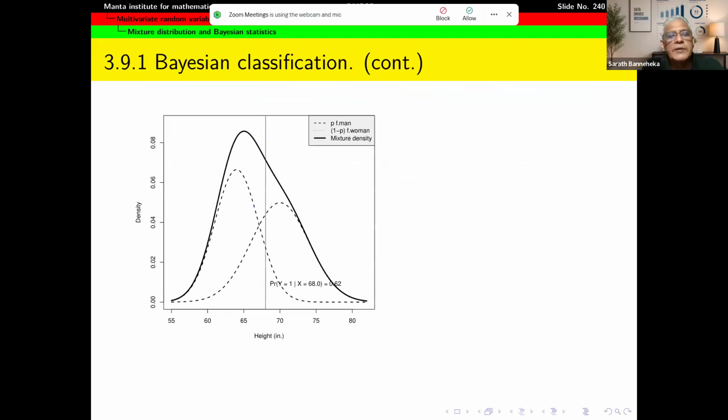Here we had the densities of heights for men and women, and we knew the proportion of each group. And using that, the mixture distribution actually looked like a unimodal distribution in this particular case.